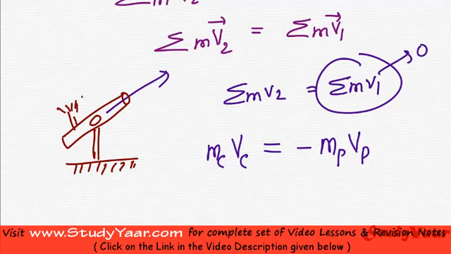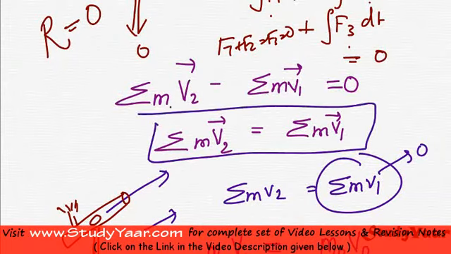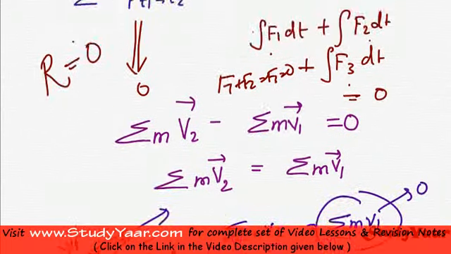That is why recoil happens in a cannon when a projectile is fired, or when a bullet is fired in a gun, the gun recoils. So that's the concept of conservation of momentum when external force is 0.